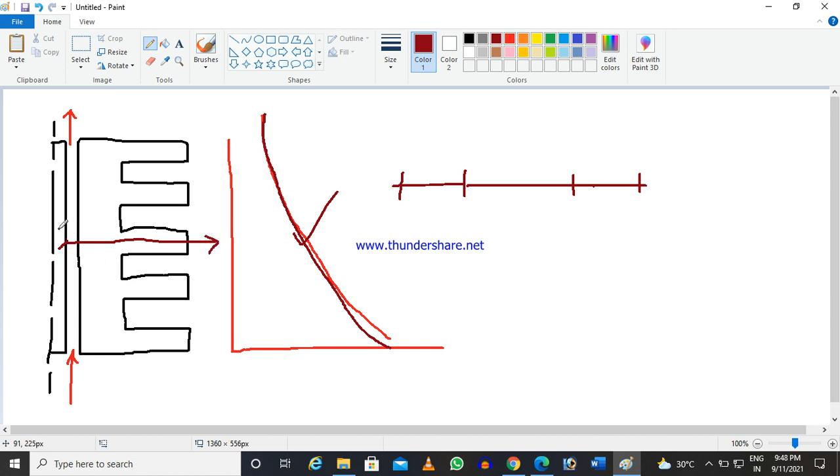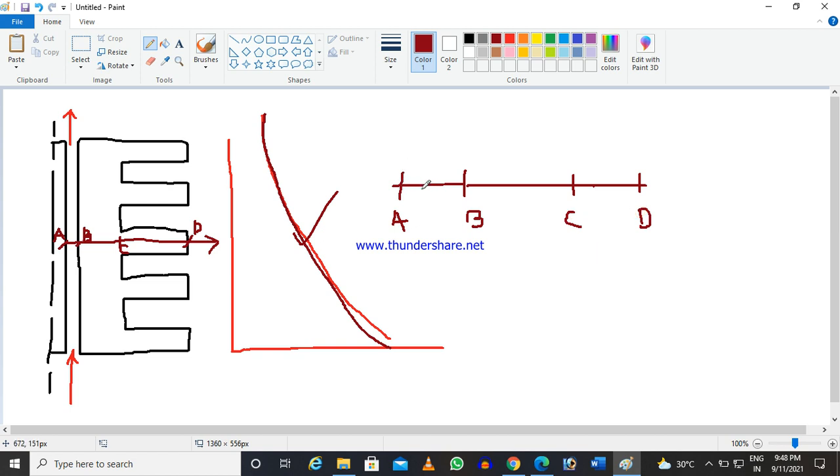So say this point is A, this point is B, this point is C, and this point is D. So A, B, C and D.